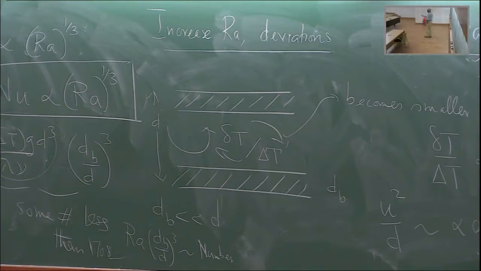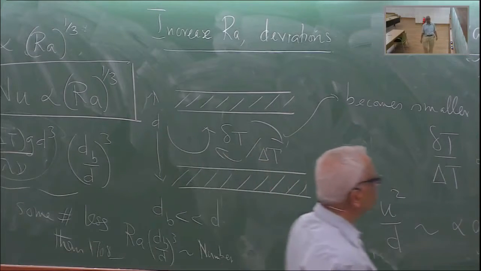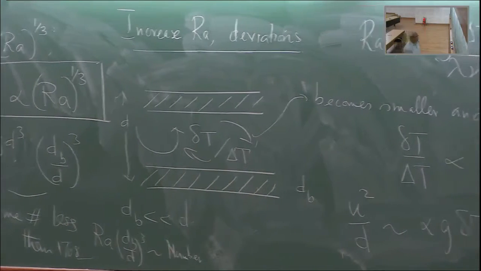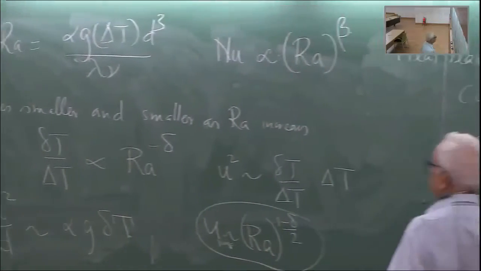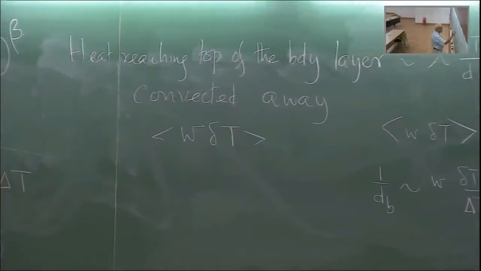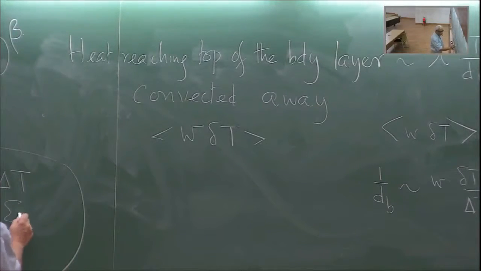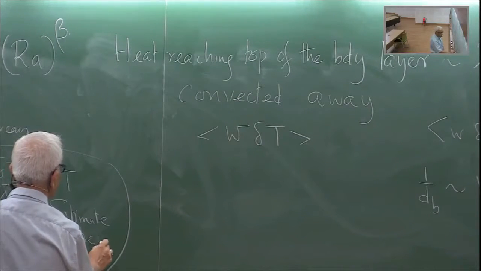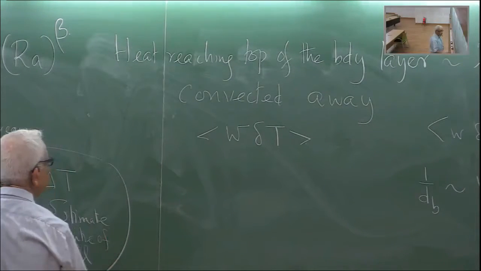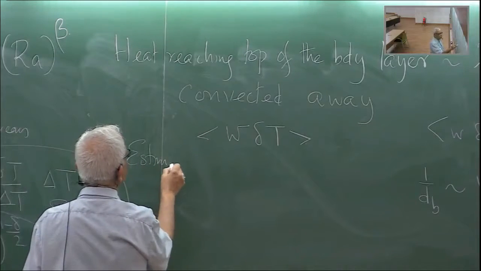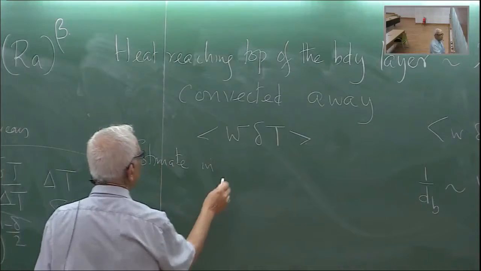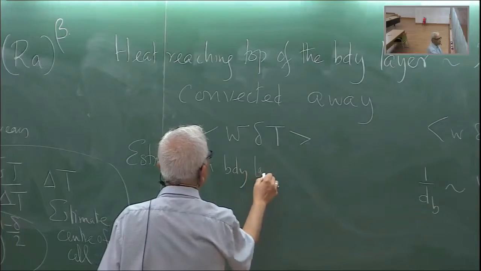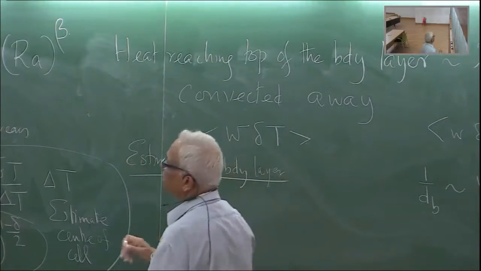How about using a W coming from the boundary layer? So the next thing I want to do is estimate W in the boundary layer, rather than the estimate from the center of the cell. And now this should make you happy. It brings in the viscosity.